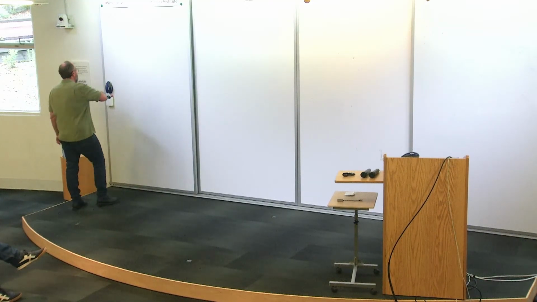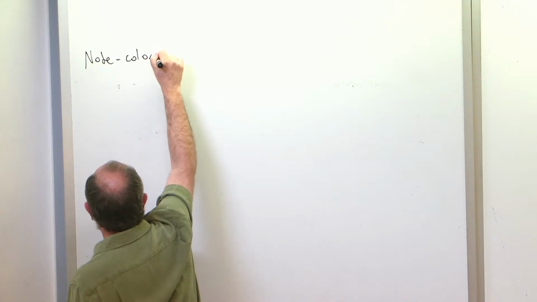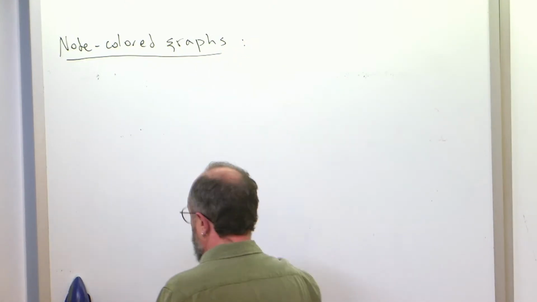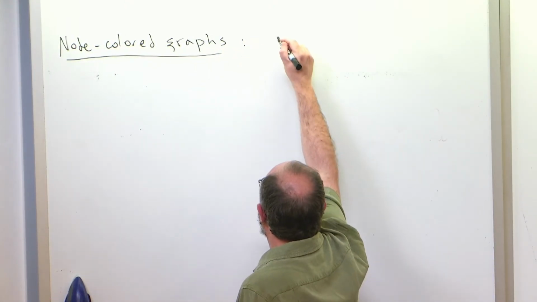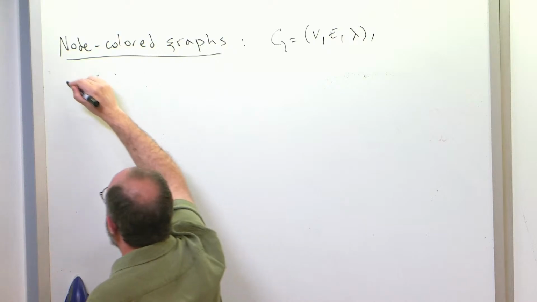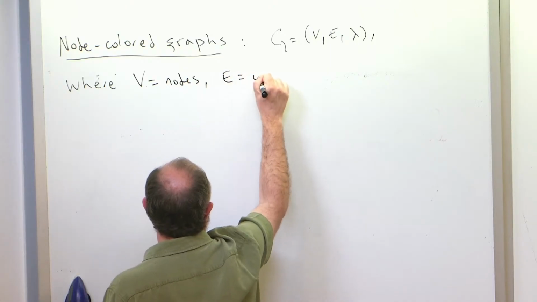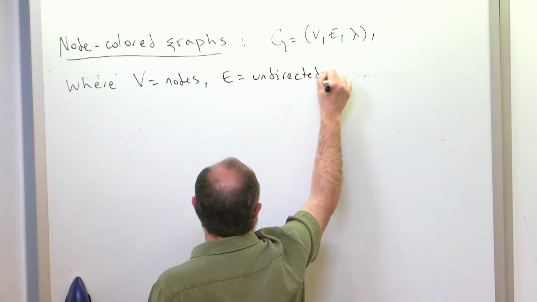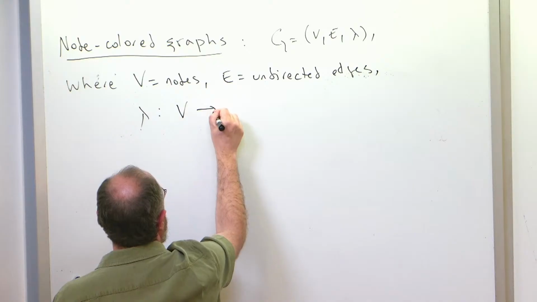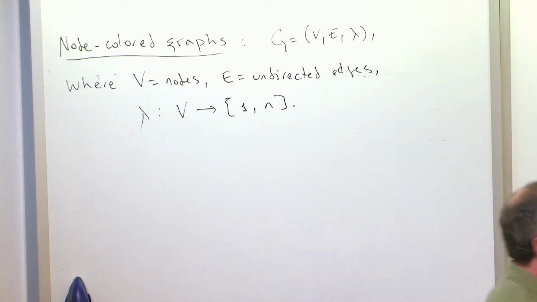So first of all, which kind of graphs are we going to be considering? We're going to be considering node-colored graphs, okay? So what are these? These are tuples of the form (G, V, E, lambda), where V is the set of nodes, E is the set of undirected edges, and lambda is a coloring function from the nodes to a set of colors that we call, say, 1 to n.